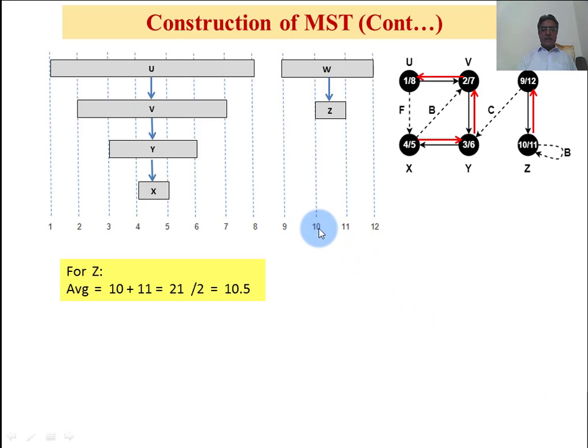At location 10.5, we will insert Z, starting at level 10 and ending at level 11, because the discovery time of Z is 10 and ending time is 11.